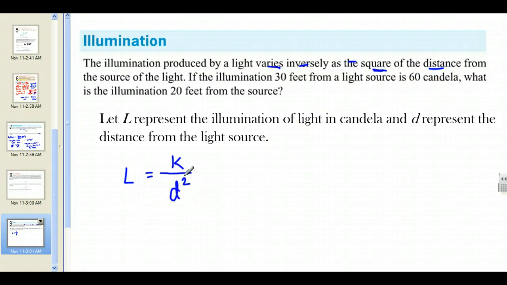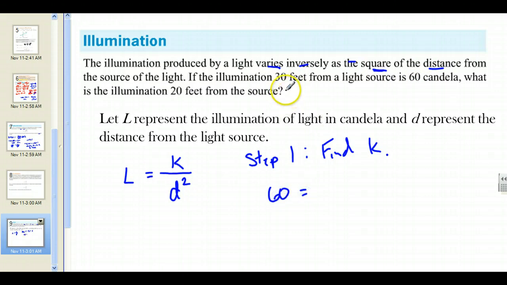Alright, now this is a two-parter. First we need to find k, and then we need to solve for the missing variable. So step 1, find k. We know the illumination 30 feet is 60 candela, so that's L. And then distance was 30 feet, so k over 30 squared.